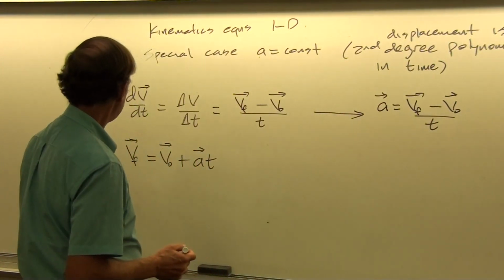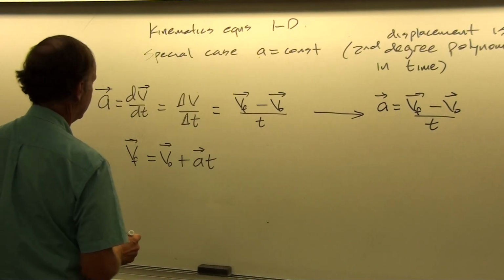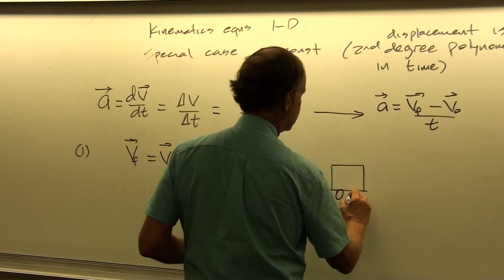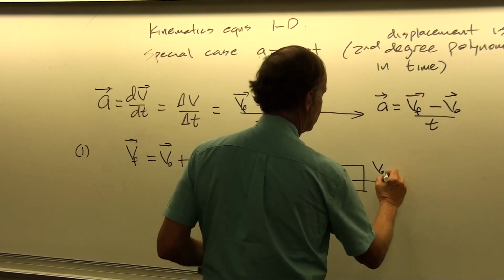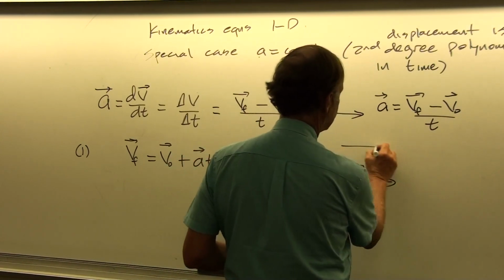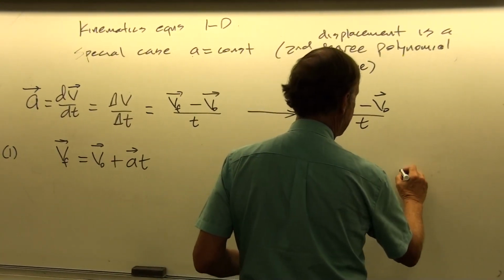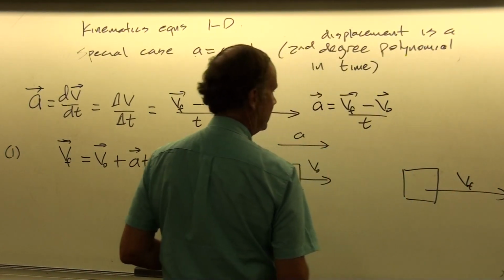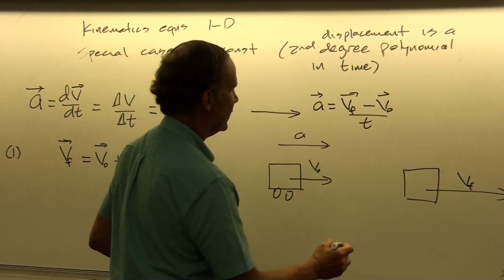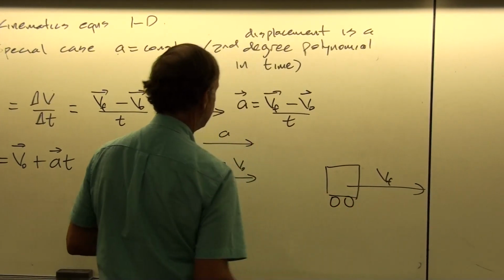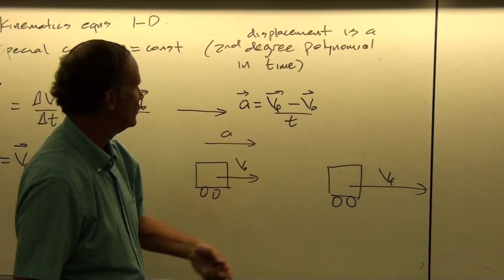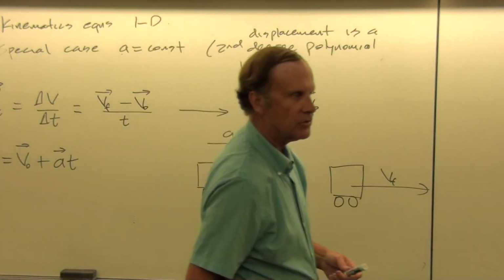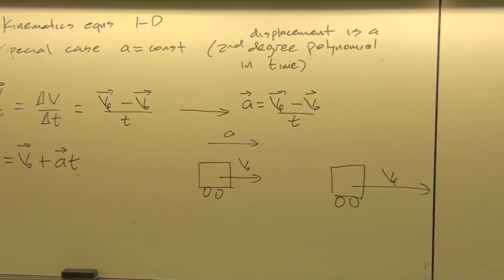All right, so the next equation that I wanted to look at, equation 2, we can get from the fact that since this is a constant acceleration process, if it's traveling with some initial velocity and there's some acceleration acting, then the velocity is going to change. It's either going to get bigger or smaller, depending on whether the acceleration is pointing in the direction of the velocity vector or pointing in the opposite direction from the velocity vector.